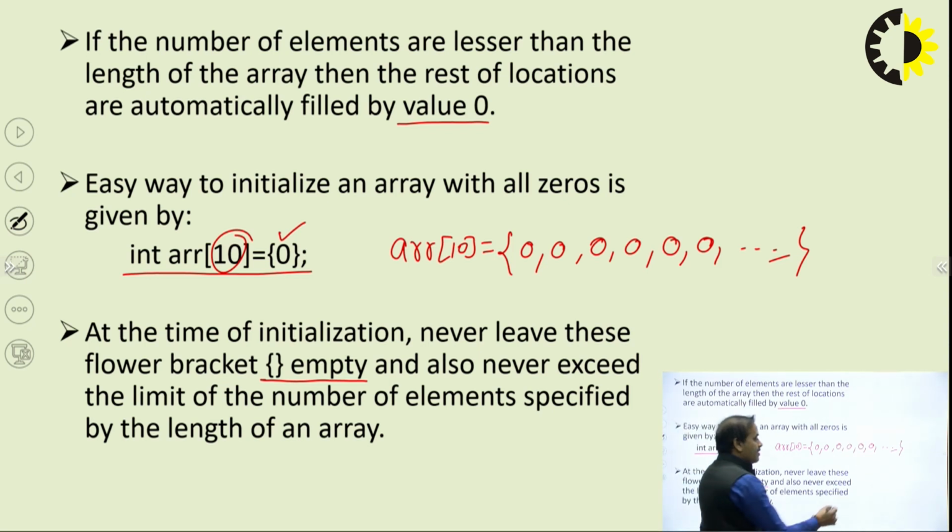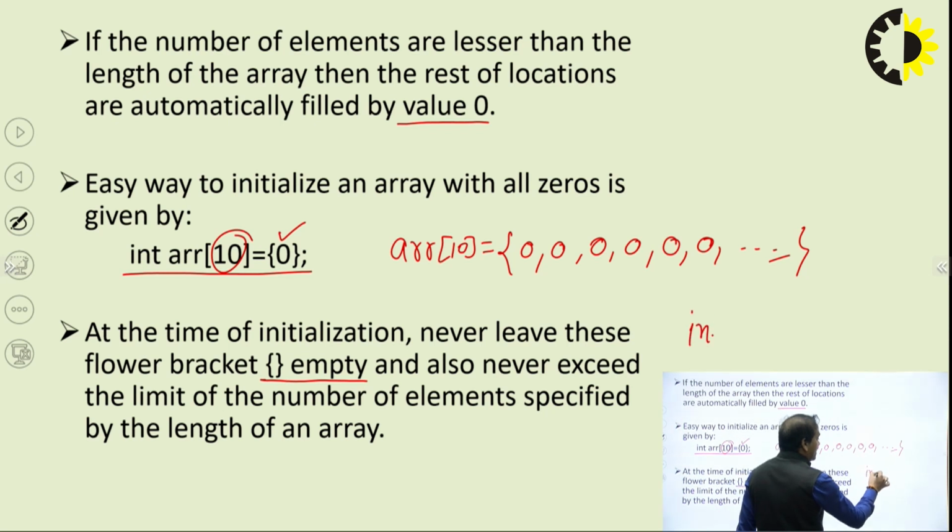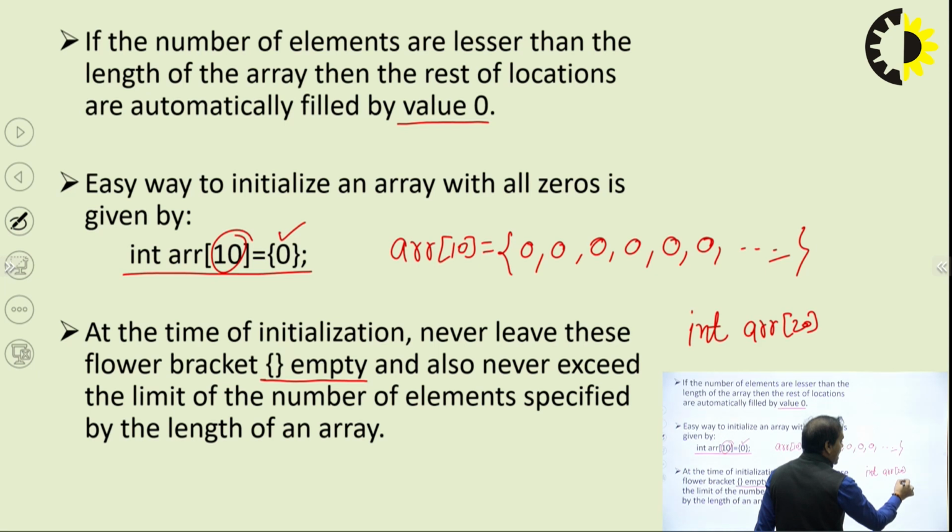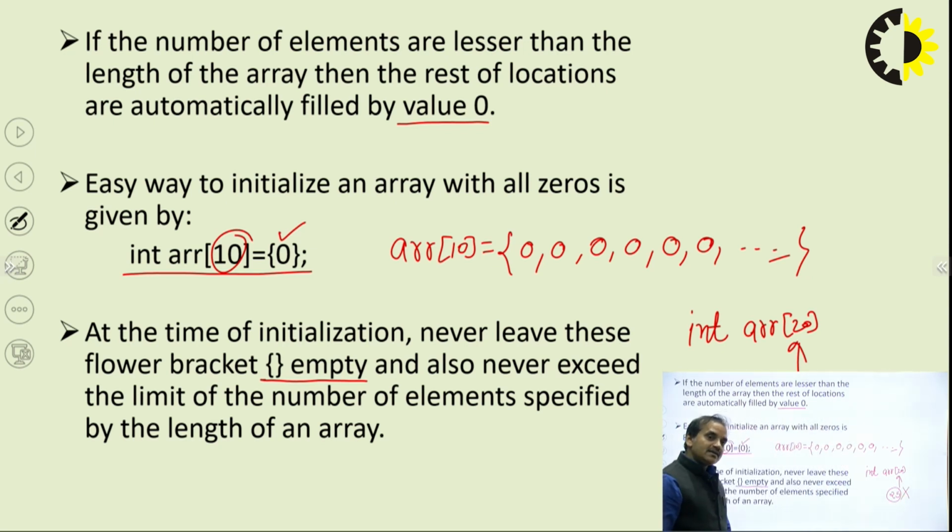If we declare an array int A[20] and want to store 25 values in this array, we can't do it. We can insert a lesser number of elements, but we can't insert more than the length of the array.